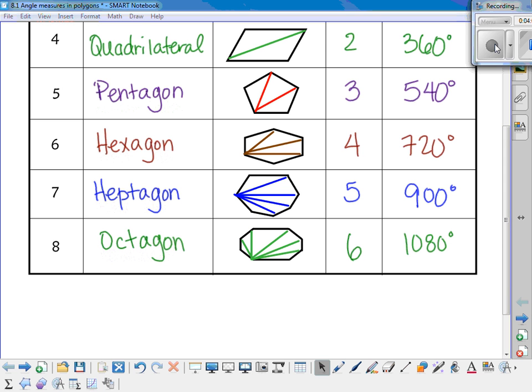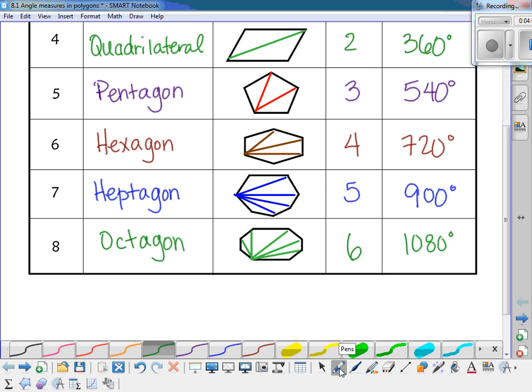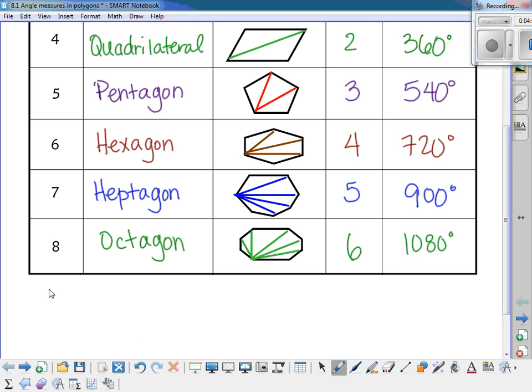At this point, hopefully you're noticing a pattern. If I have n number of sides, I'll call that an n-gon. If I were to draw the diagonals from one vertex, how is the number of sides related to the number of diagonals?